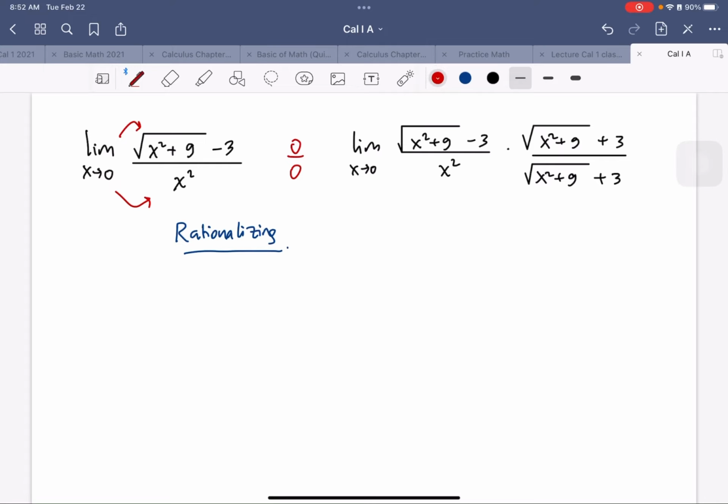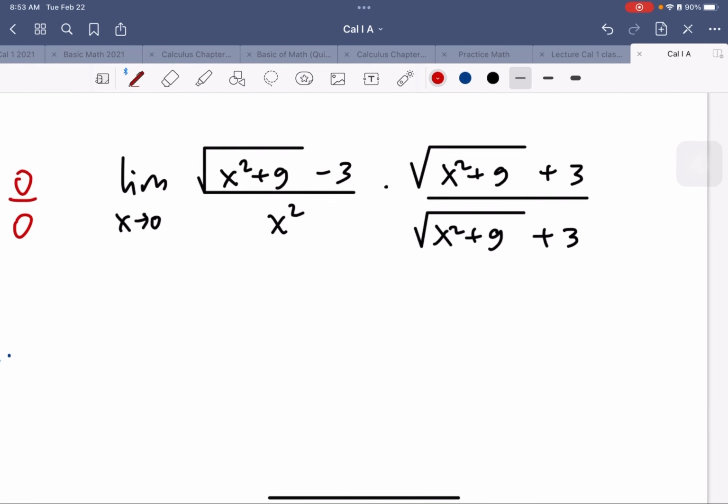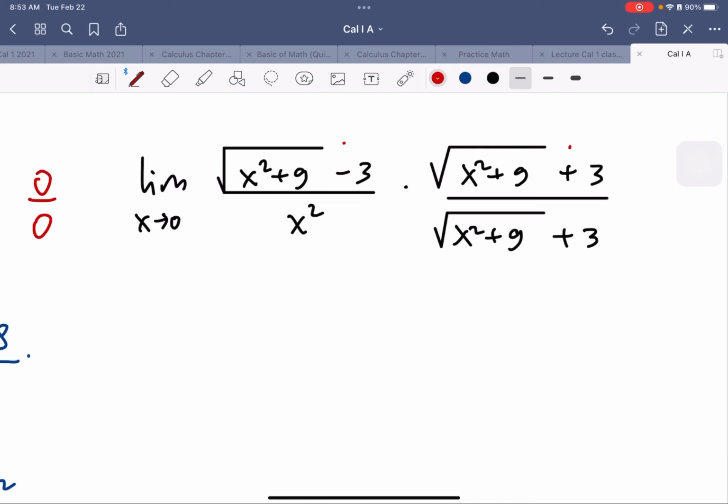Why? Because in algebra, because of this property, we get a squared and b squared. If we multiply with the same signs, it doesn't seem to be simplified, right? Because it has new terms here. We want the terms as simple as possible, so we need to have the opposite signs. That's why.